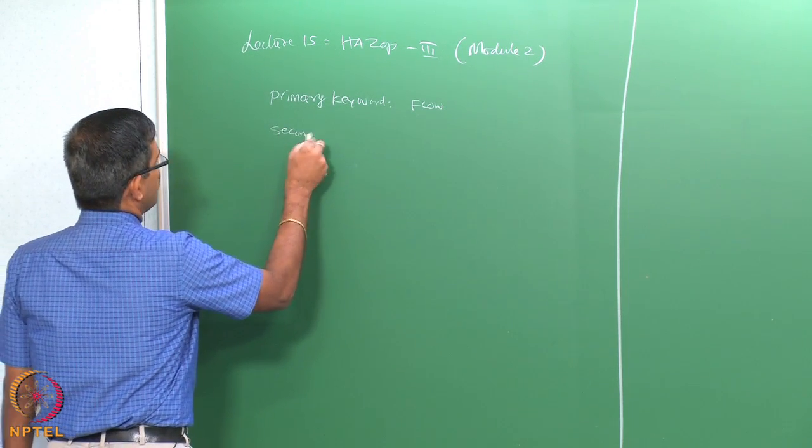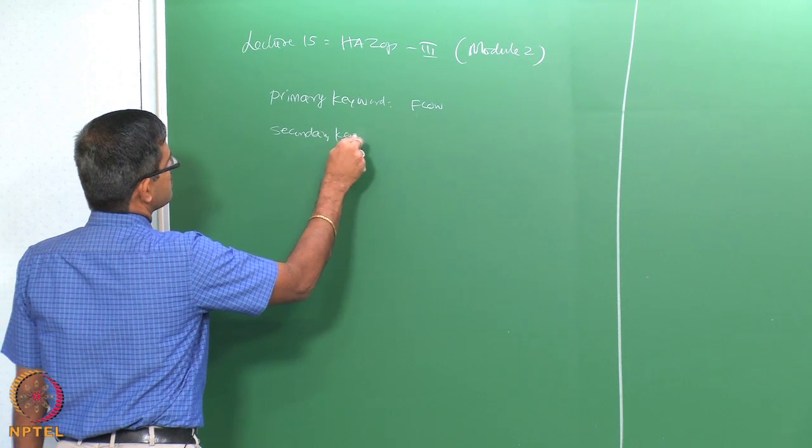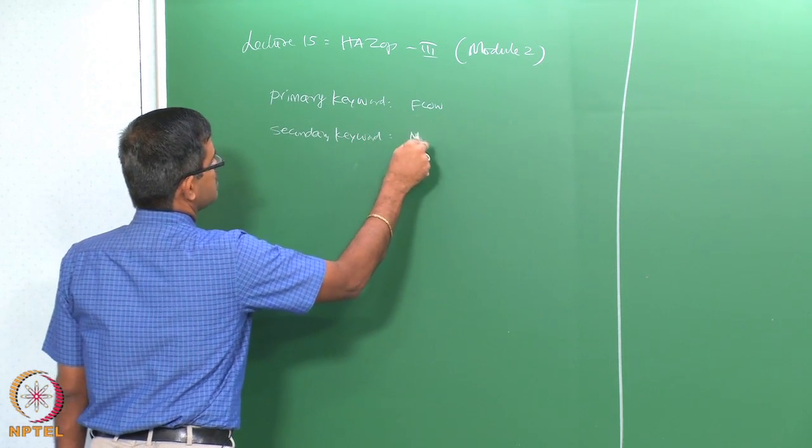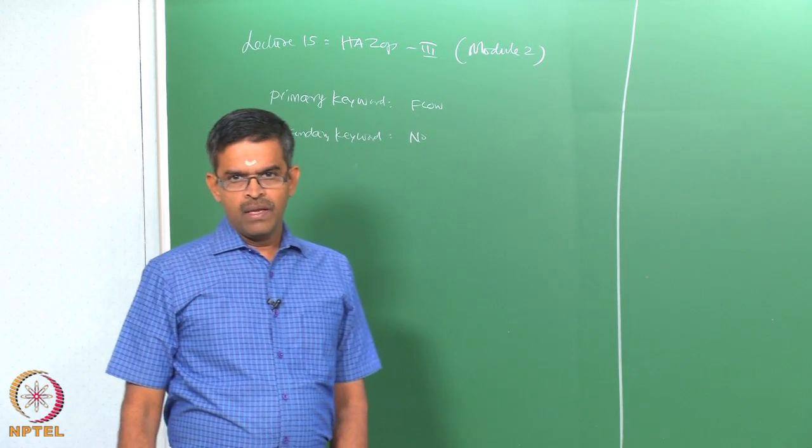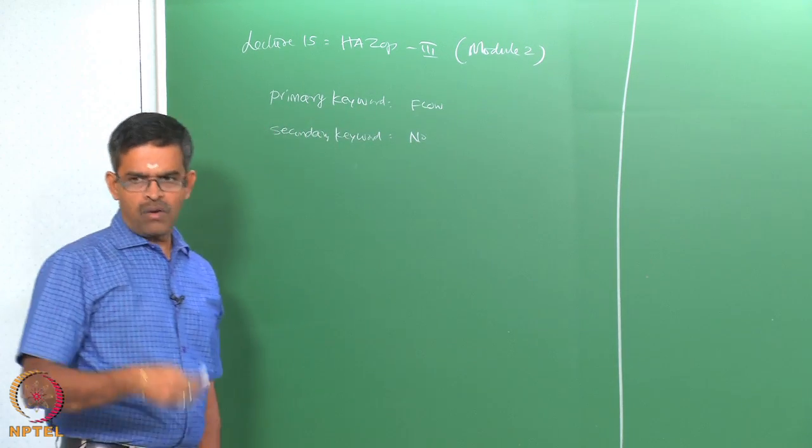The secondary keyword we want to choose is, let us say, no, because if there is no flow in the line, what would happen? Now, if there is no flow in the line, there are many consequences.